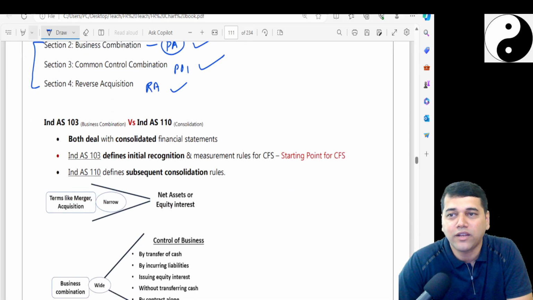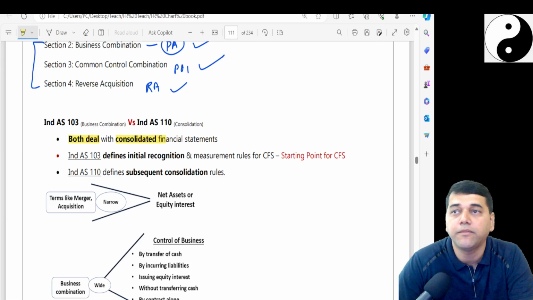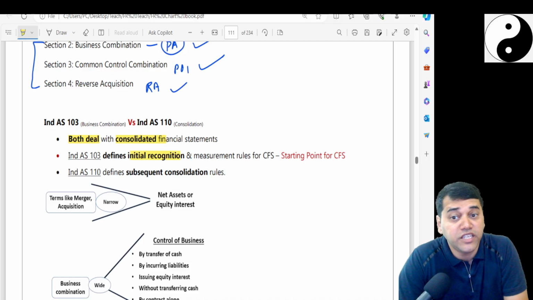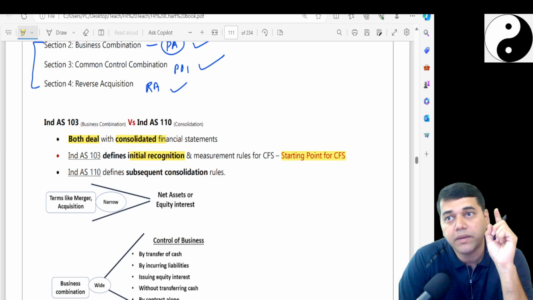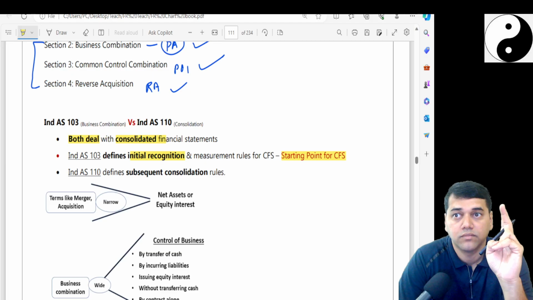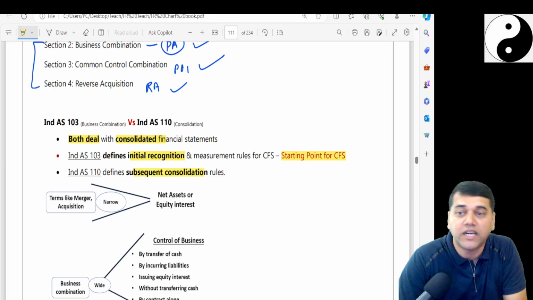Now, Ind AS 103 versus Ind AS 110, how are they different? Both deal with consolidated financial statements only. Ind AS 103 defines initial recognition and measurement rules. It is the starting point for consolidation. With 103, you will prepare the consolidated balance sheet for the first time, and subsequent consolidation rules are defined by 110.